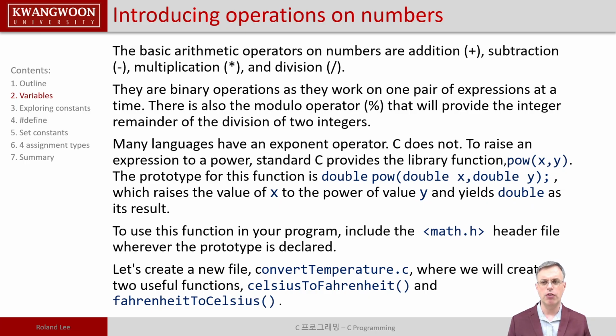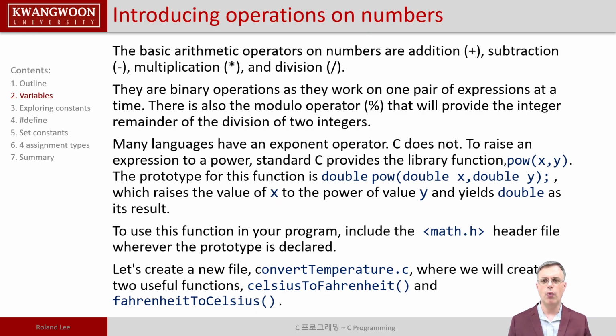They work largely as you would expect them to for both integers, so whole numbers, and real numbers as well. Divisions for the real numbers result in real numbers. Divisions for two whole numbers also result in a whole number. Any possible fraction part will be discarded.